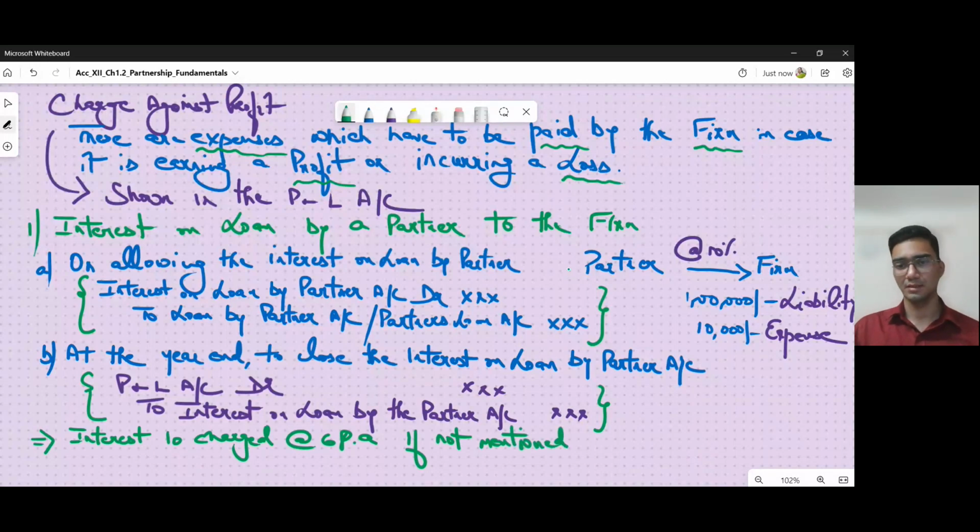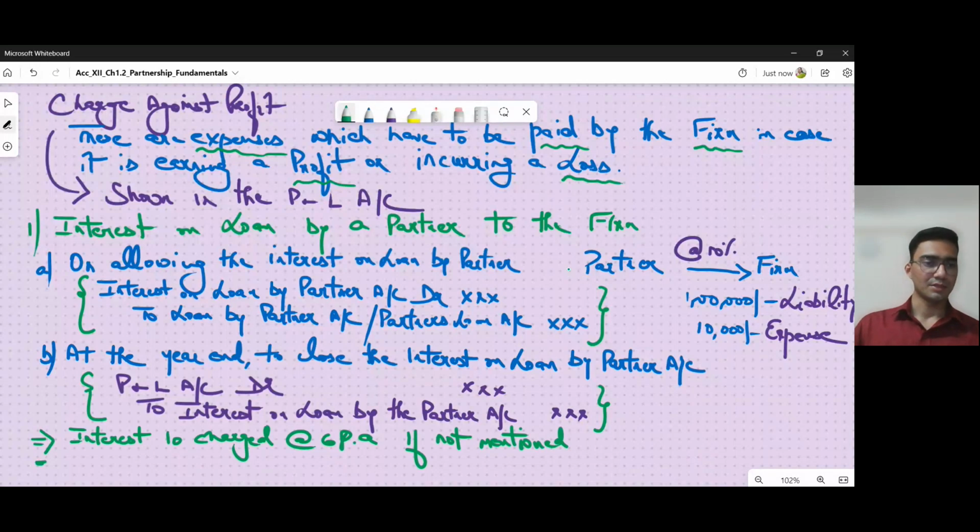Remember, yesterday we were studying this, and we spoke about the interest. We said that if the interest is not mentioned in the partnership deed, partner is entitled to get the interest at the rate of 6% per annum. But in our example, on the right side of this page, I already gave you an interest rate of 10%. So that is good in a way. But if this 10% was not mentioned, the rate would have been taken as 6%, and the amount as an expense would have been 6,000 in that case.